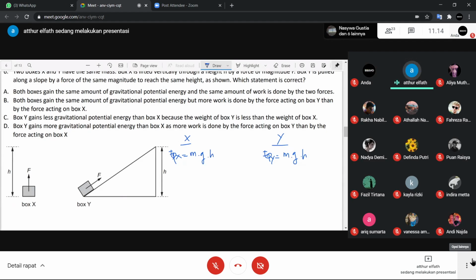I mean the heights of X and Y are the same. So this means the potential energy between X and Y are the same, because the height is the same.